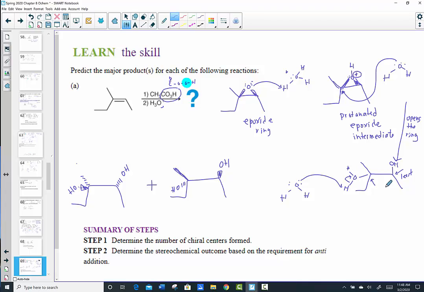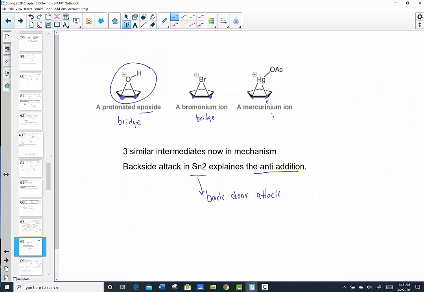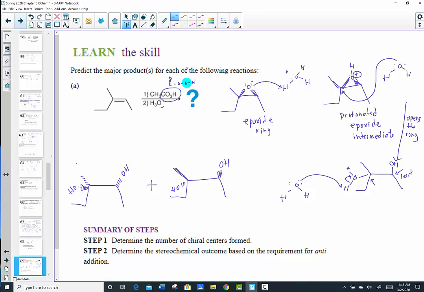And remember, regiochemistry is not truly a consideration because we're adding the same hydroxyl group across. The epoxide ring, just as our bromonium ion and mercurinium ion, all three of those had very similar mechanisms, forming bridges with those carbons in the pi bond, and therefore no carbocation was formed.